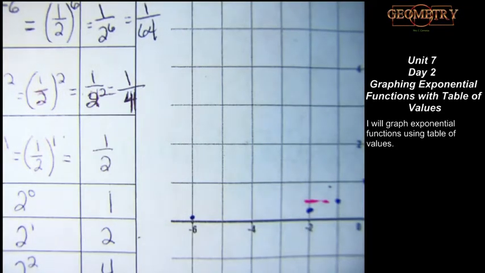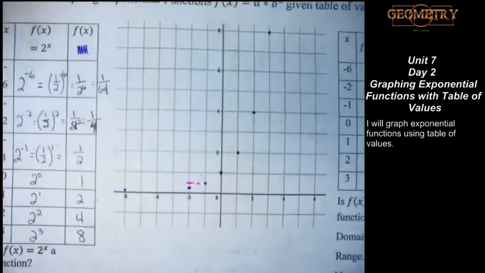Let me try that again. I put a dot as close to the x-axis, the y equals 0 line, as I can get without actually touching it. Okay, there's a little bit of space there.